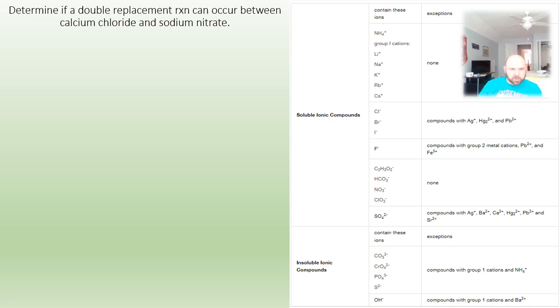And if I write out the formula for calcium chloride, I would find that calcium chloride is CaCl2 plus sodium nitrate is NaNO3. And I can see that for chloride ions or chloride containing compounds, all of them are soluble with a few exceptions there, but none of them are calcium.